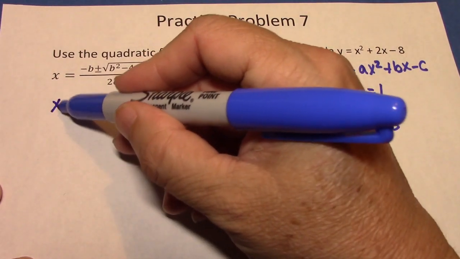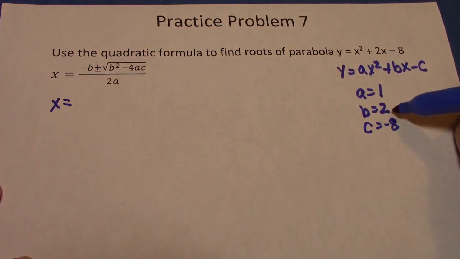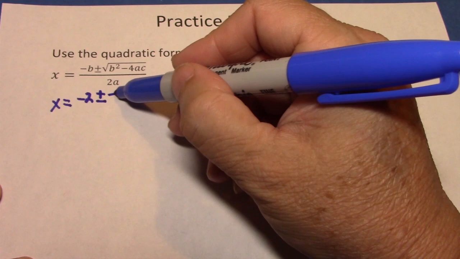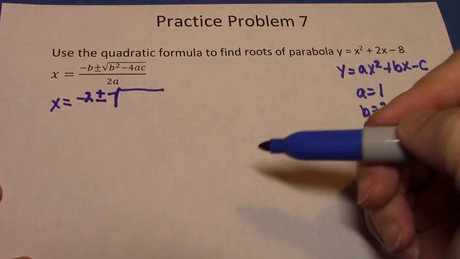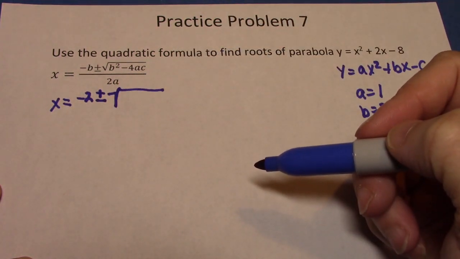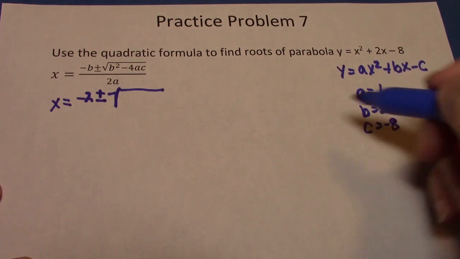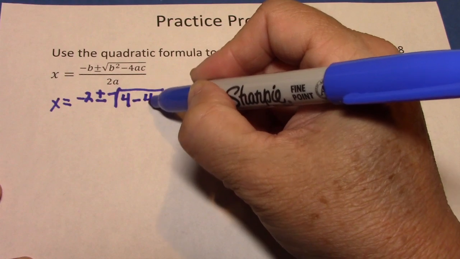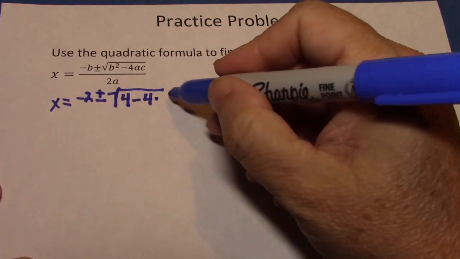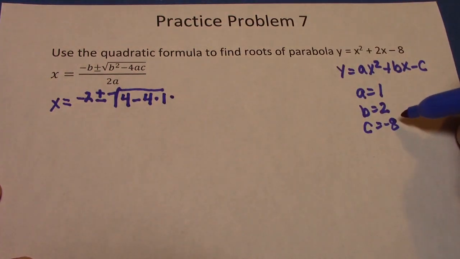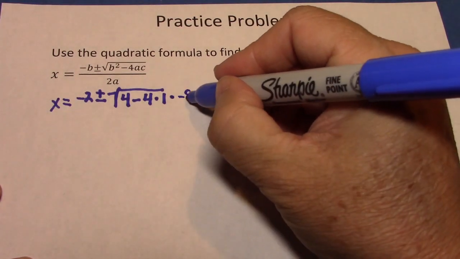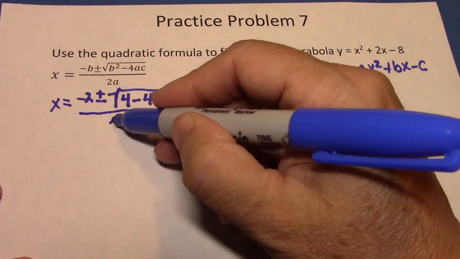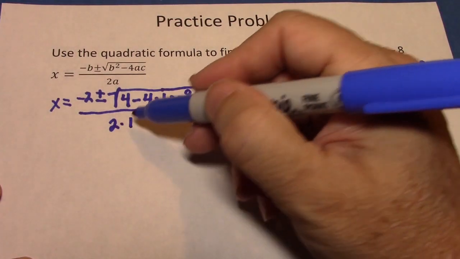So x equals negative b, that's negative 2, plus or minus, because we're going to have both a positive and a negative answer for the square root. B squared, that's 2 times 2 is 4, minus 4 times a, that's 1, times negative 8. I'll extend that out, and that is all over 2 times a. Well, that's 1.